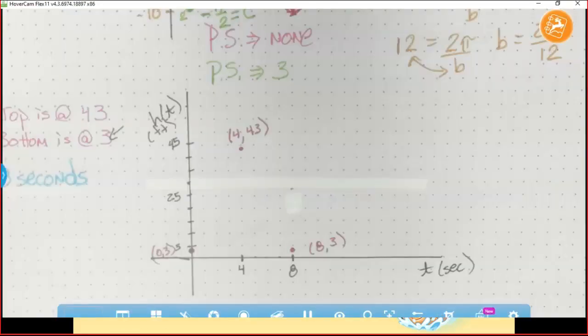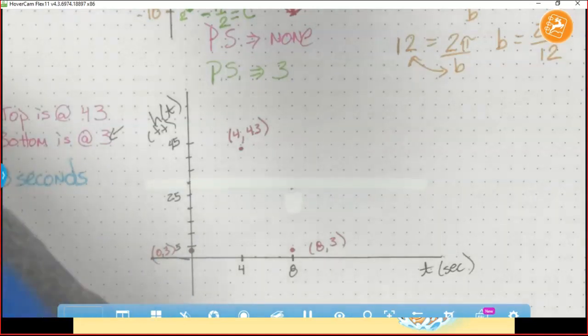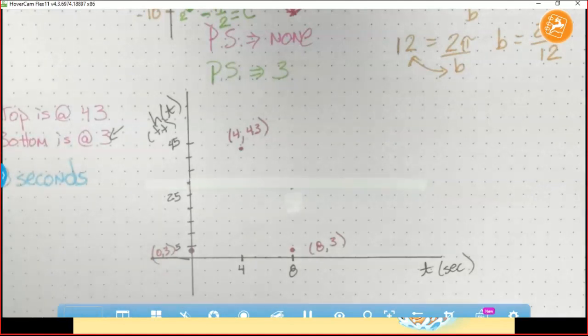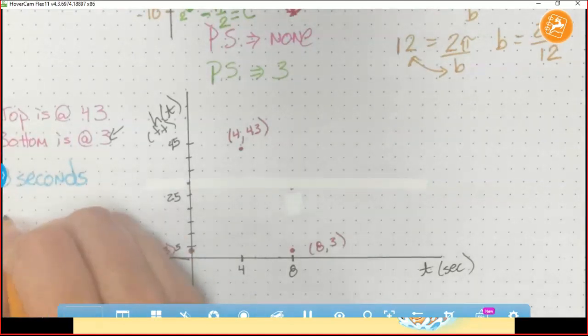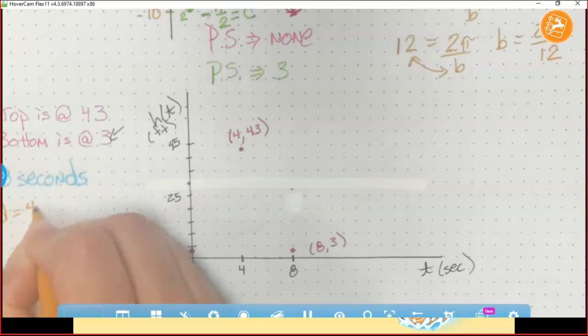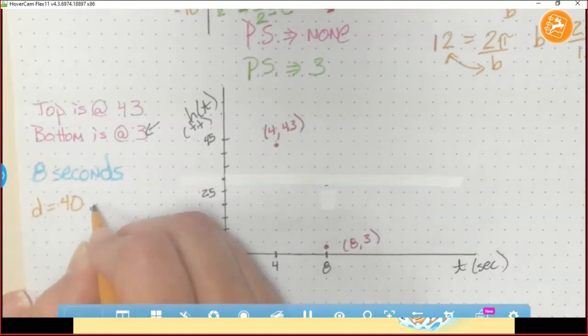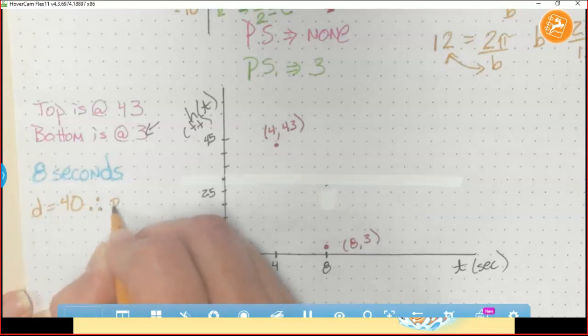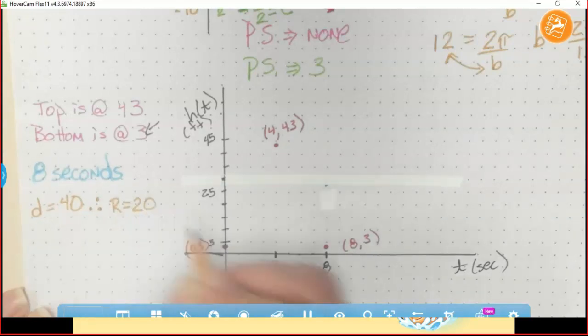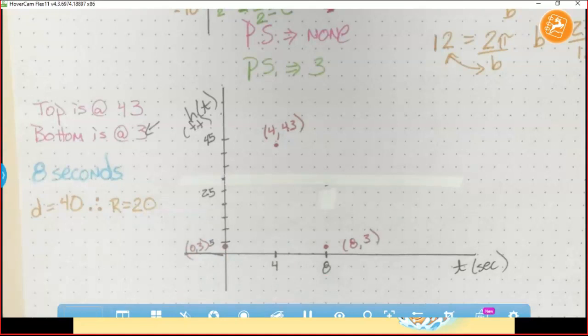At 23. So here's what's going on. I know that my diameter is 40, which tells me my radius, so if the diameter is 40, the radius is 20. Well, that's kind of nifty.